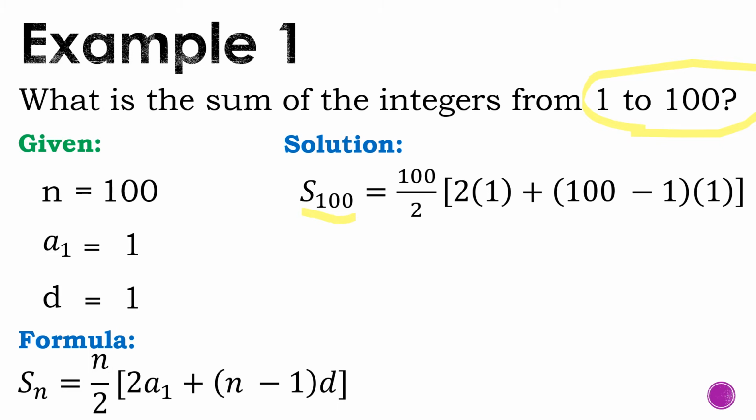Now, n here, substitute to 100. And then 1 is our first term. And then again, n is 100. And then what is the 1 here on the right side? That is our common difference, which is also 1. So now let us solve.